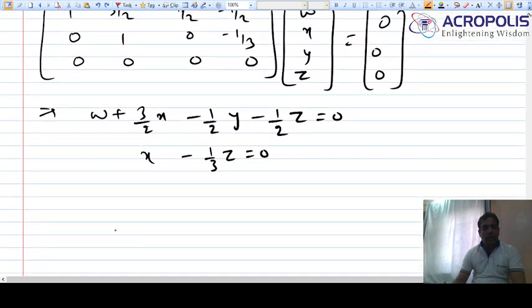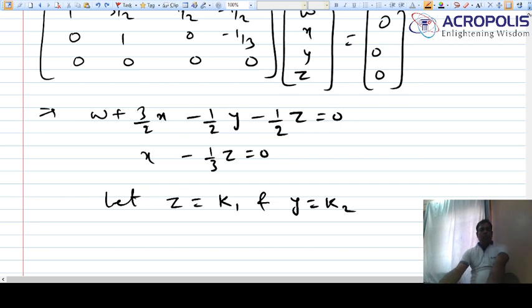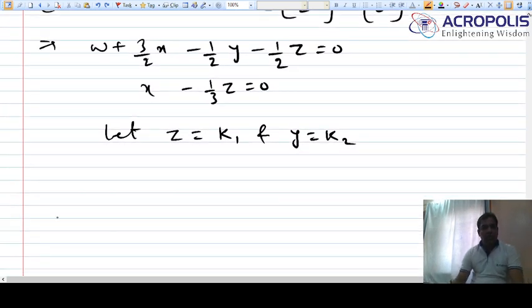So let z equal k1 and y equal k2. We can suppose any variable as an arbitrary constant. Why have we taken two arbitrary constants here? Because we got n minus r equal to 2.